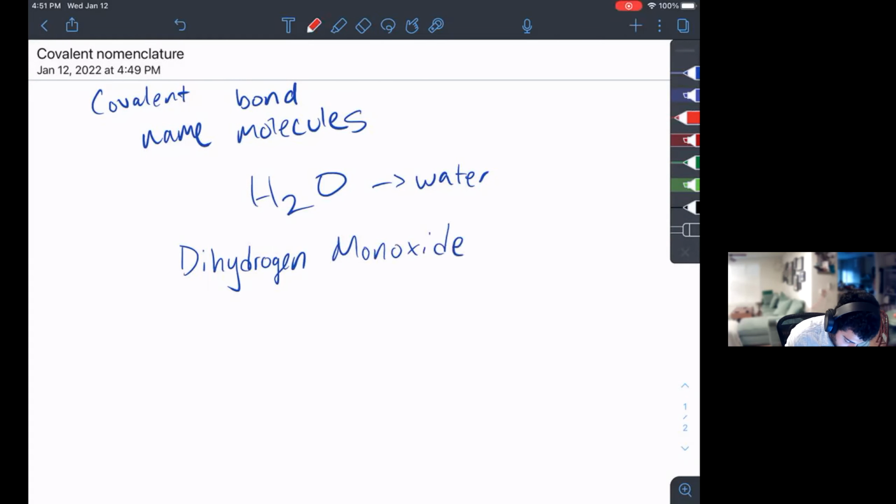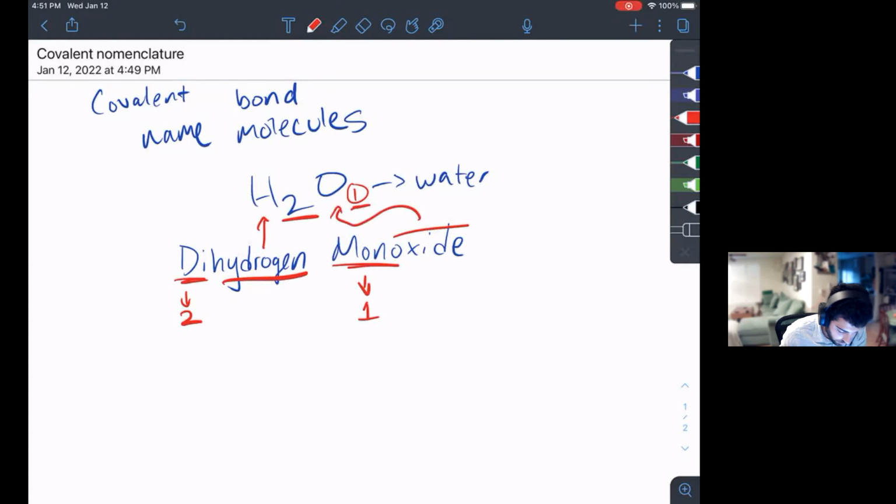Now, this is really specific because this two refers to the di, which specifically means two, and the mono refers to the one, which isn't normally written in a chemical formula. Now, the hydrogen clearly refers to hydrogen, and the oxide, which kind of combines with the mono, refers to the oxygen. So the question is, how do we get to this?